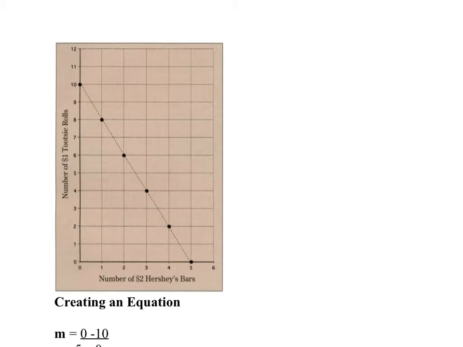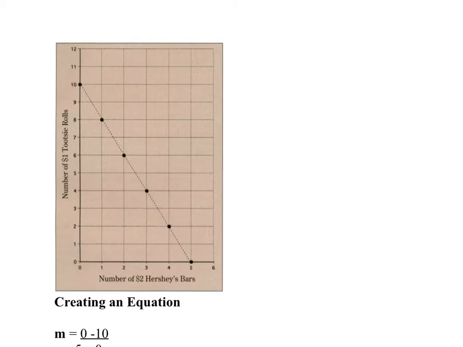If we're looking at the very first ordered pair that we created when we were looking at the formula, we said that we were going to buy 10, I believe. Yeah, we said that we would actually buy 5. We said we could buy at $2 each, 5 Hershey bars, and if that's the case, we would get no Tootsie Rolls.